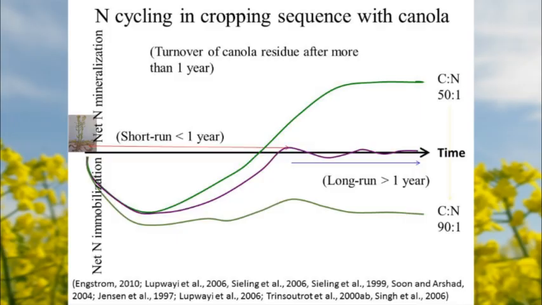It's an indicator of how quickly the residue decomposes, and it allows you to predict the availability of the nitrogen. You can see that plant residues with a C to N ratio of less than 24:1, so those with a lot of nitrogen associated with the carbon, were the only residues in the study which had a net release of nitrogen in the soil, whereas a C to N ratio greater than 24:1 had a net tie-up.